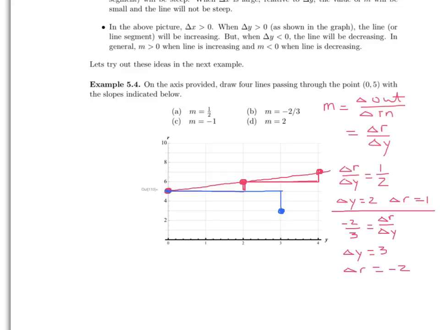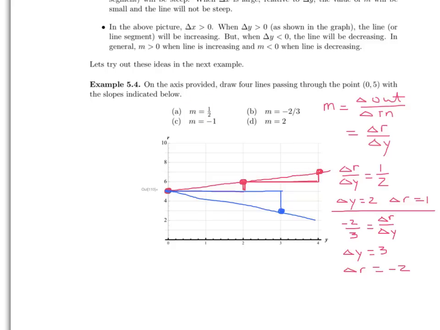If I connect these 2 points with a line, then that is the line that has a slope of -2/3. You can see that this line has a downward trend. It has a downward trend because its slope was negative. This line had an upward trend because its slope was positive.